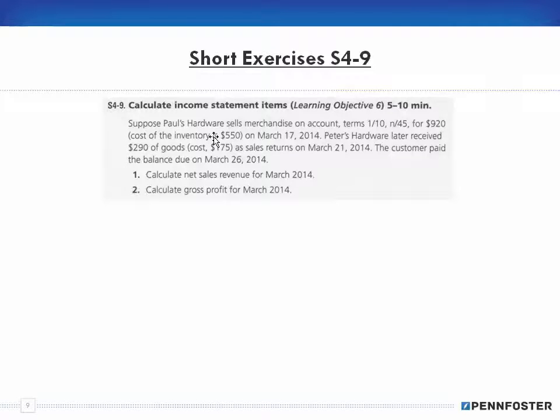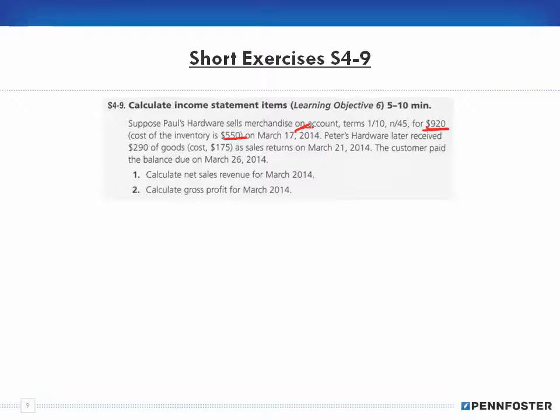It says here, suppose Paul's Hardware sells merchandise on account. The terms are 1/10, net 45, for $920. The cost of the inventory is $550, on March 17th.